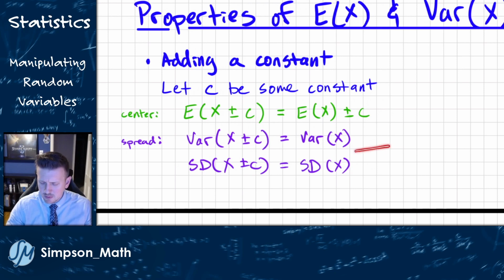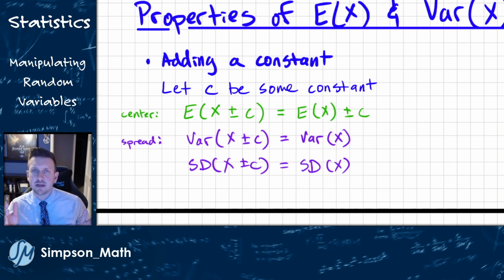Well, what would happen to our spread? Well, if everybody is precisely 12 inches taller, we're not any more spread out. Think about the distance from the smallest to the biggest. Did the shortest person and the tallest person get further away when everybody stood up on a box that's 12 inches tall? No, we all stood up on the same box. We're all that much taller, so we're not any more spread out.